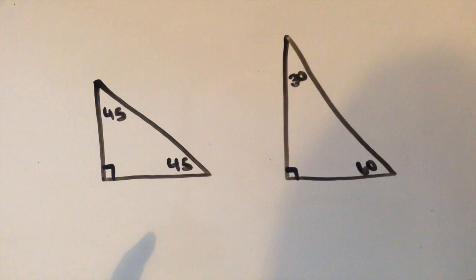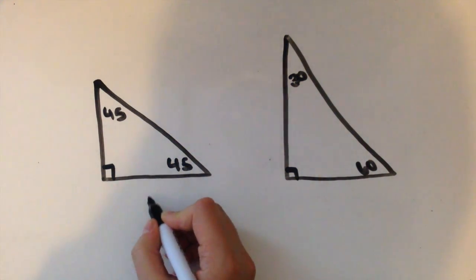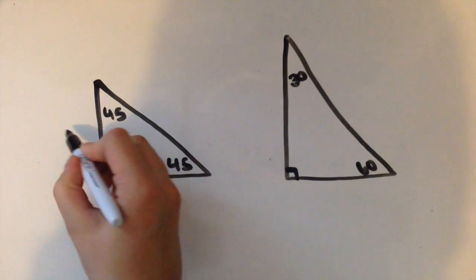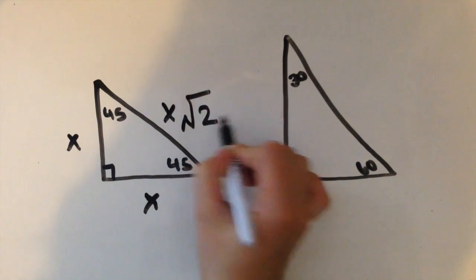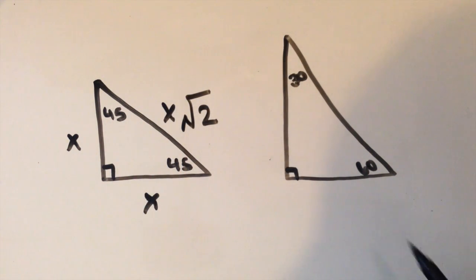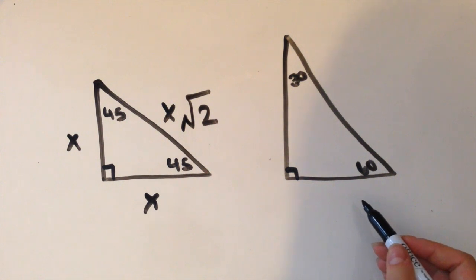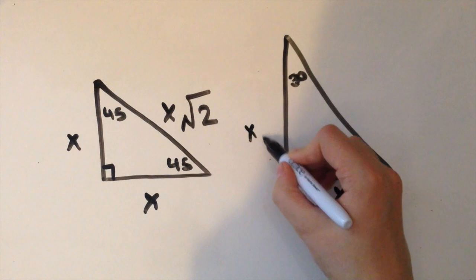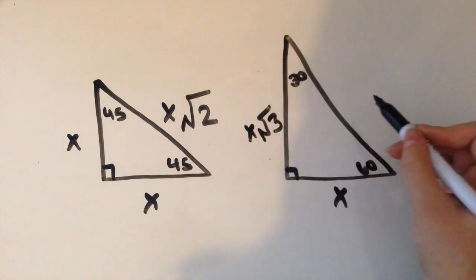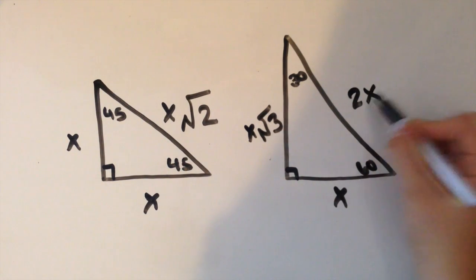The 45-45-90 triangle is always going to be x, x, and x root 2. The 30-60-90 triangle is always going to be x, x root 3, and 2x.